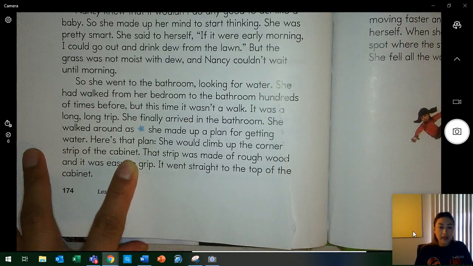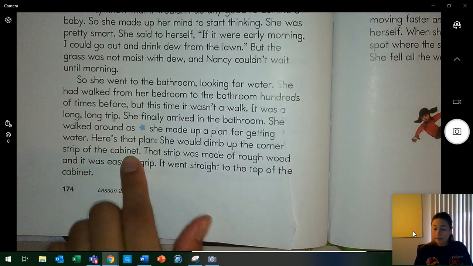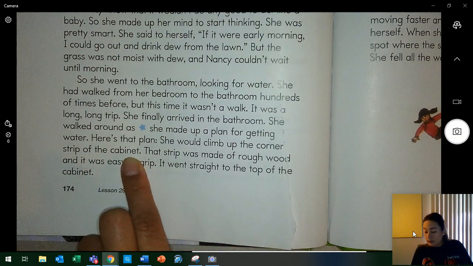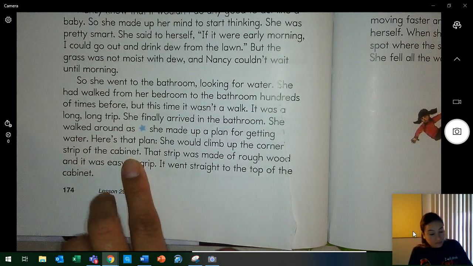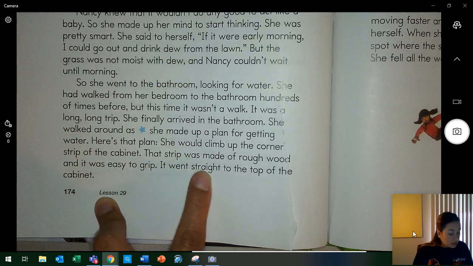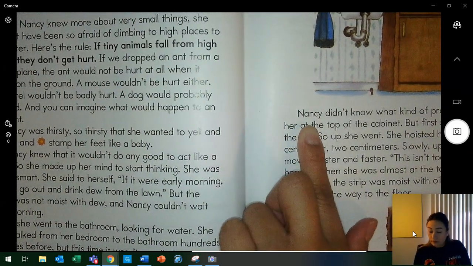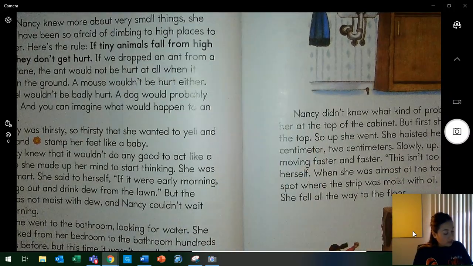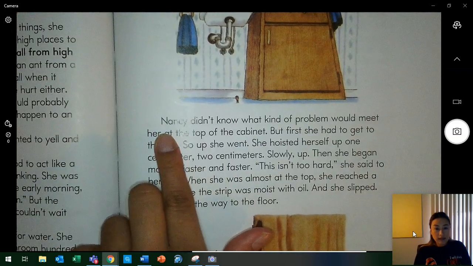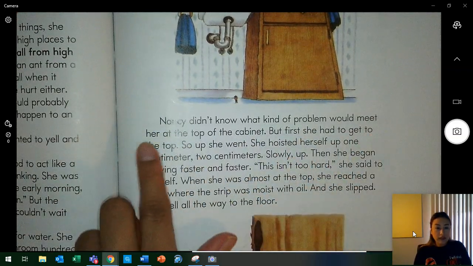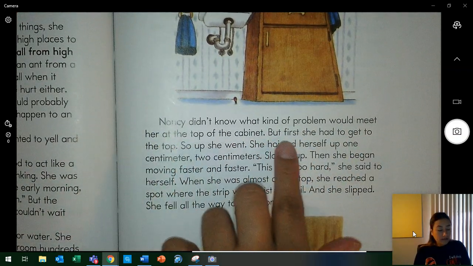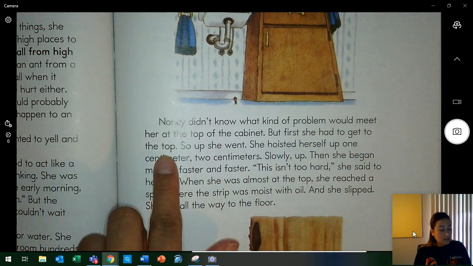Okay, let's go back to tracking. Remember, you're tracking while I read. Get ready. We're right here. That strip, we're over here. Nancy didn't know what kind of problem would meet her at the top of the cabinet. But first, she had to get to the top.